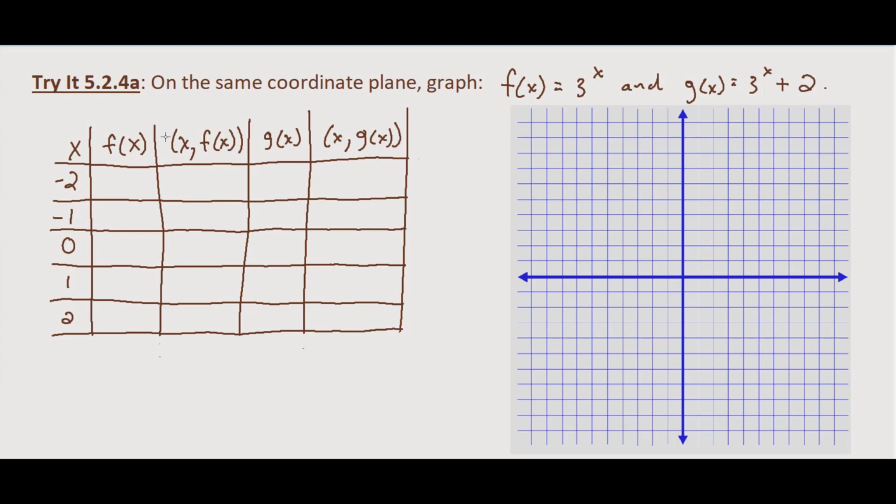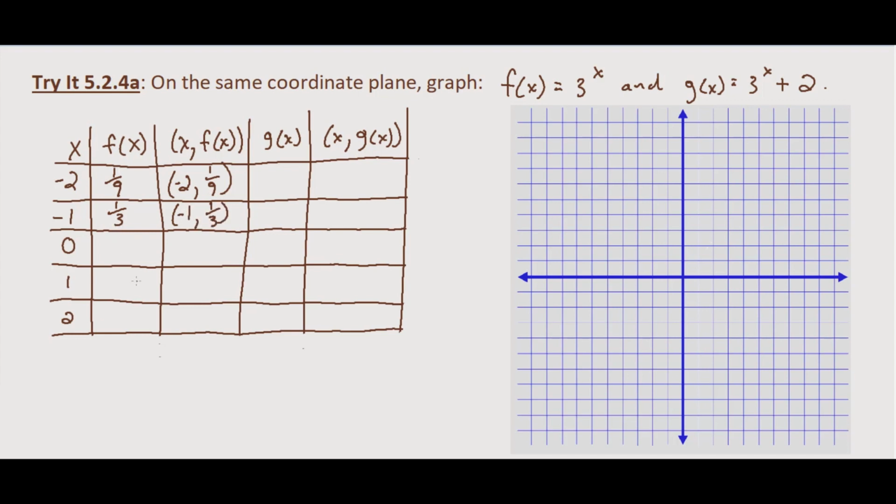So f of -2 equals 3 to the -2, which is 1/9. And that's going to give us the point -2, 1/9. At -1, f of -1 is 3 to the -1, which is going to be 1/3, which gives us the point -1, 1/3.